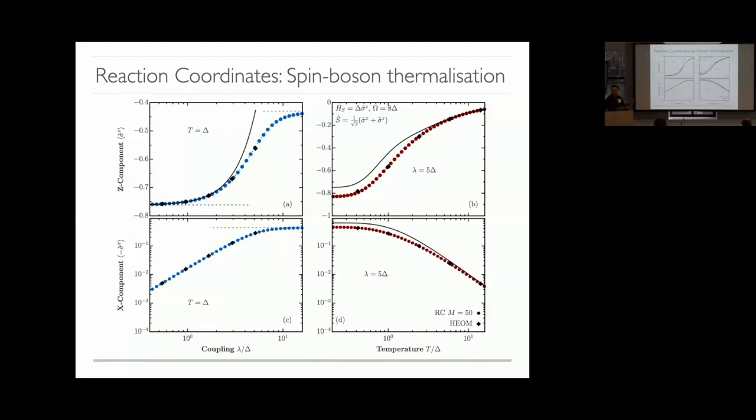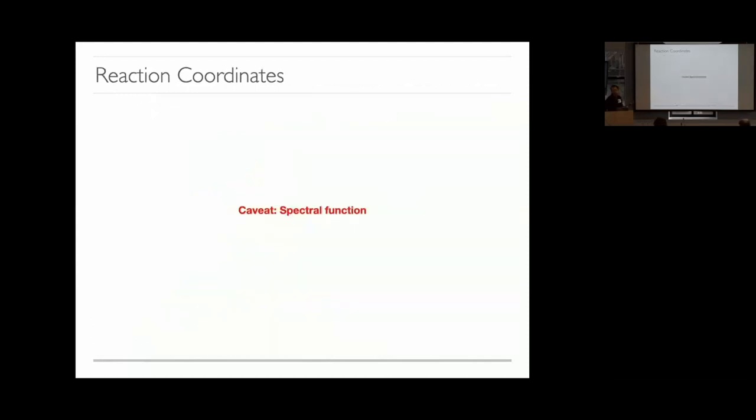Okay, not so fast. There's a huge caveat. There's only a certain class of spectral functions you can do this for. Which spectral functions? There's a transformation after you do your reaction coordinate mapping. There's a way for you to understand the original spectral function and the newly mapped spectral function after you do the mapping.